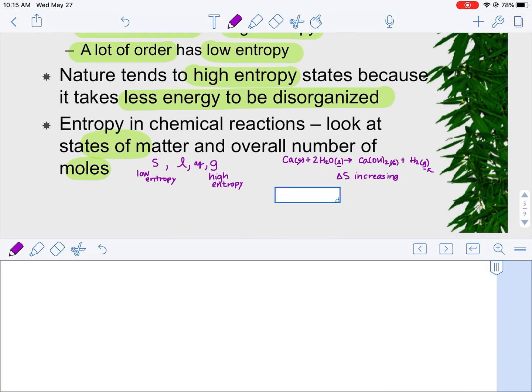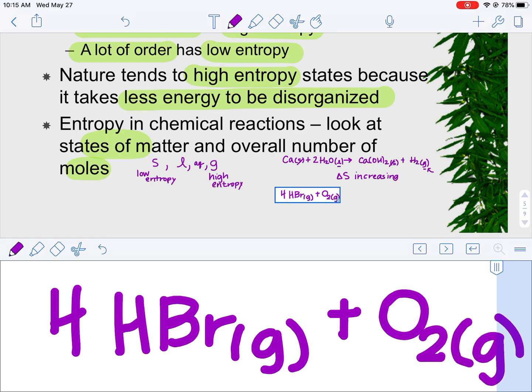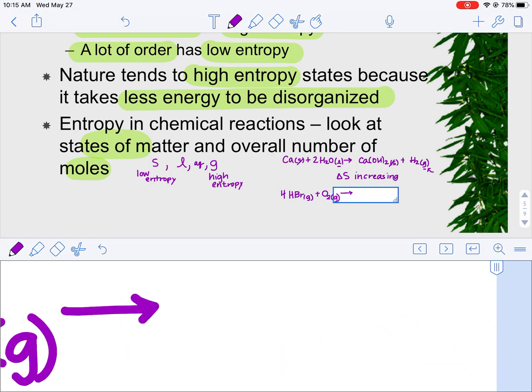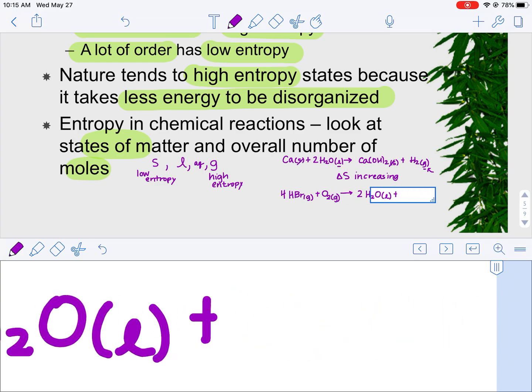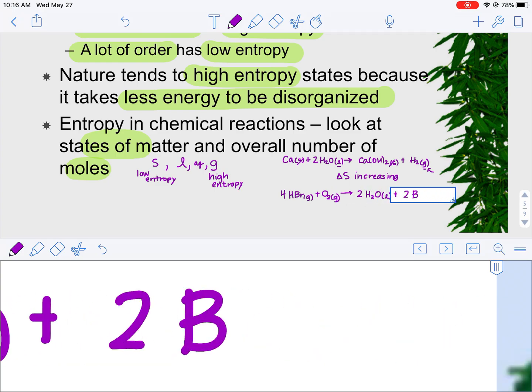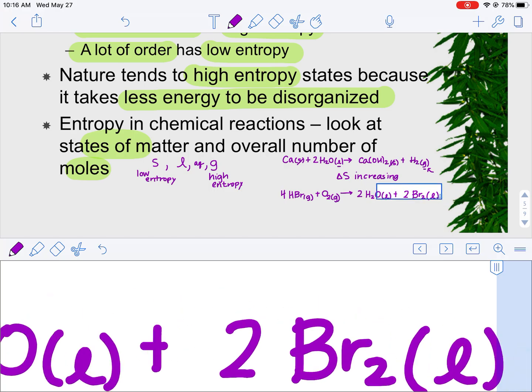Let's look at one more. What if I had 4 moles of HBr gas reacting with 1 mole of oxygen gas to produce 2 moles of liquid water and 2 moles of liquid bromine? We want to know what's happening to the entropy.